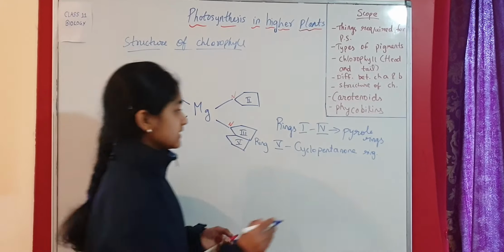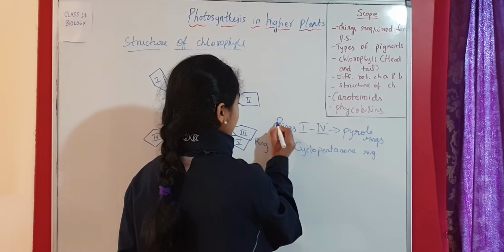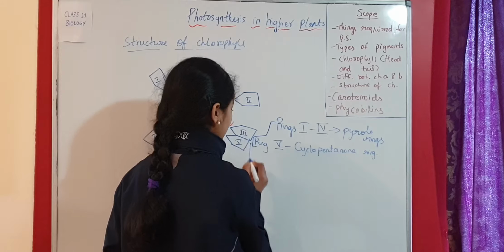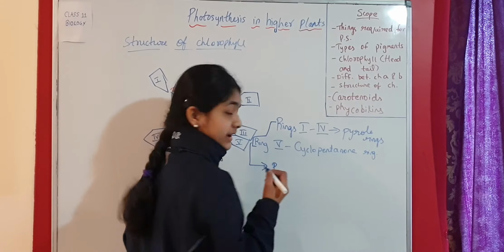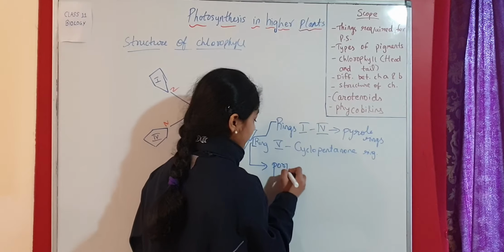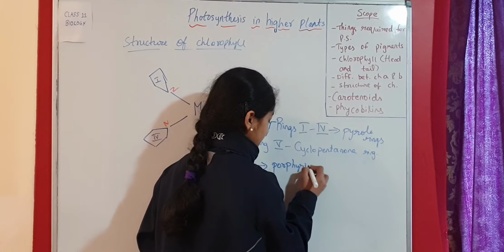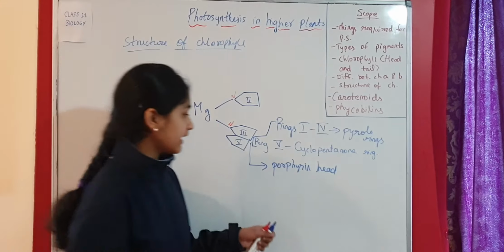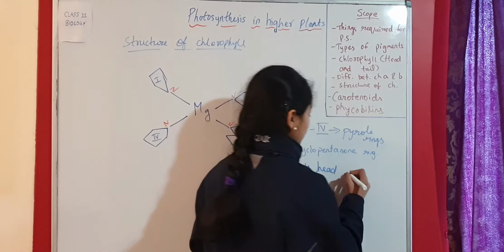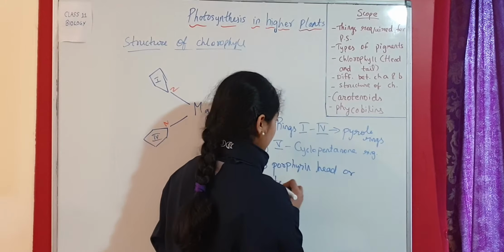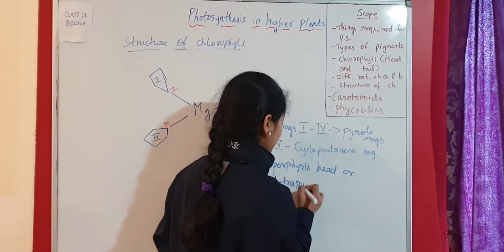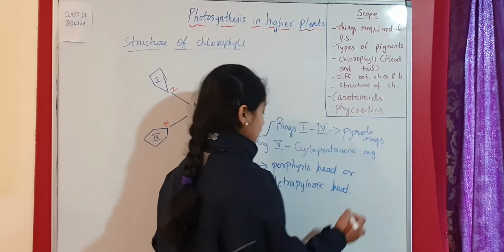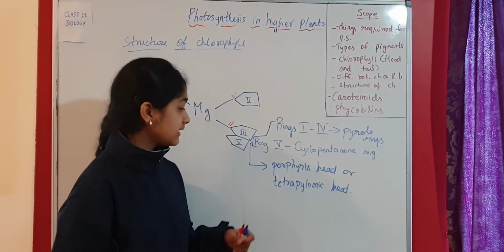So, these rings combine to form the porphyrin head. So, this is called the porphyrin head. It is also called the tetrapyrrolic head. Why is it called tetrapyrrolic head?